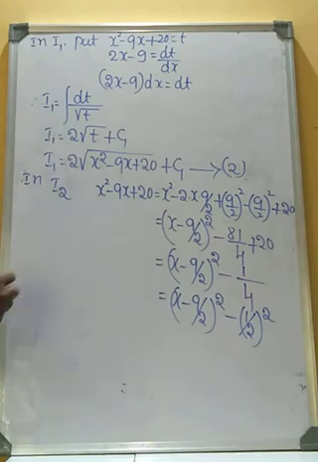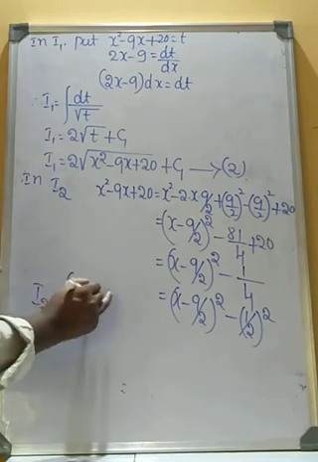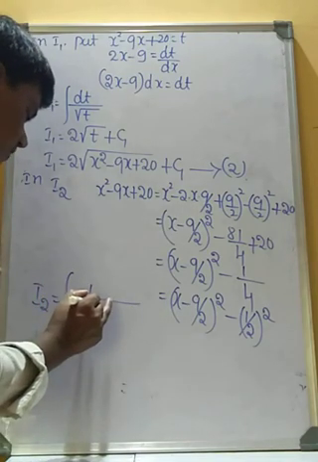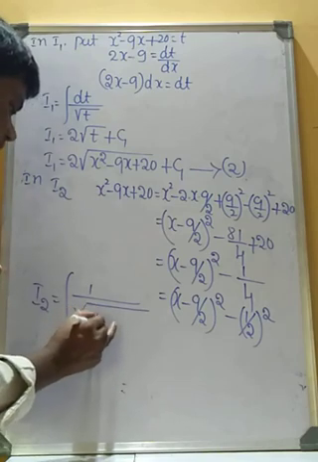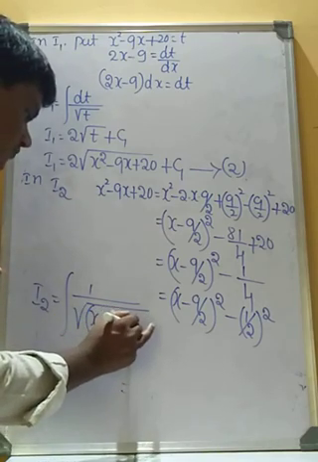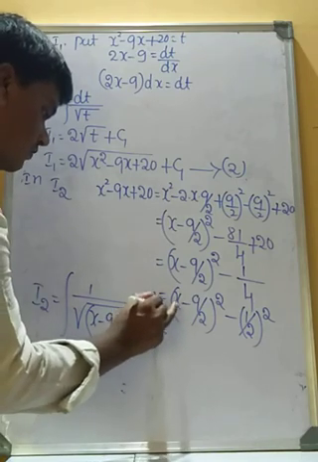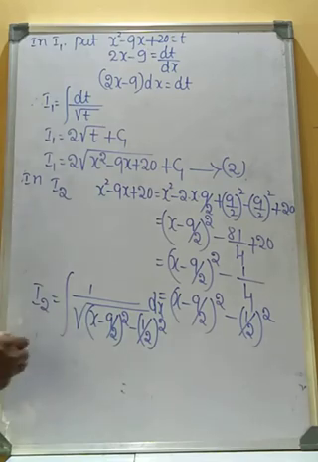Substitute in I2. Therefore, I2 is equal to the integral of 1 divided by the square root of x minus 9 by 2 whole square minus 1 by 2 whole square into dx.